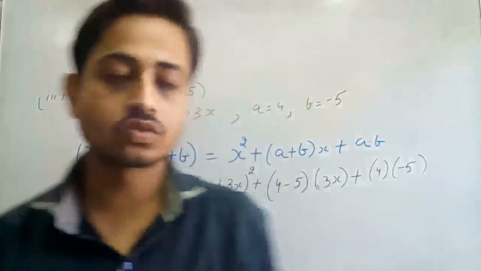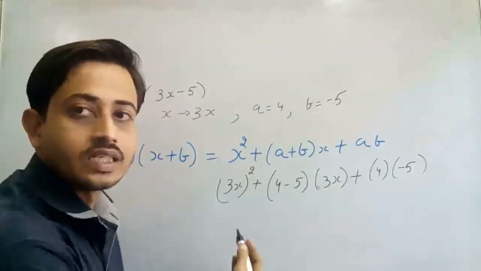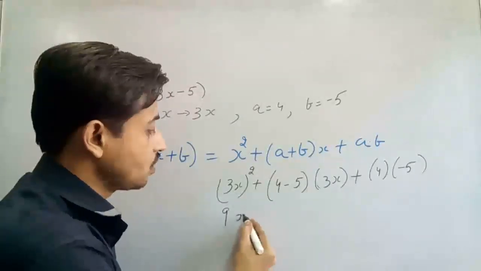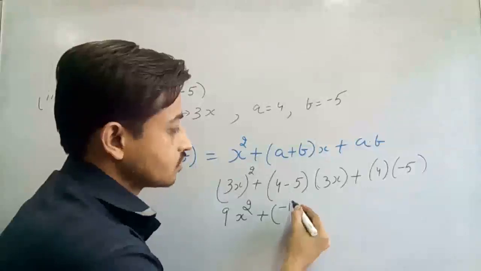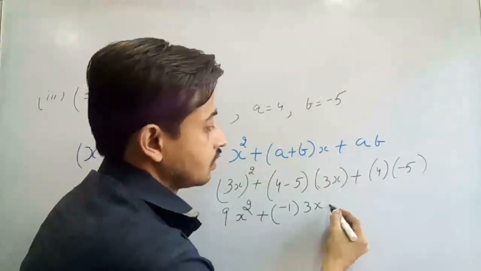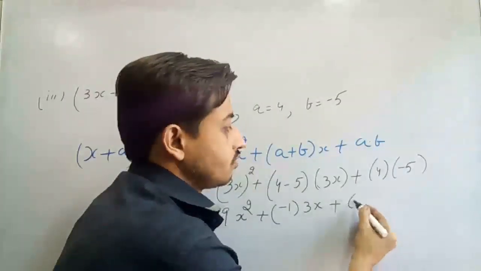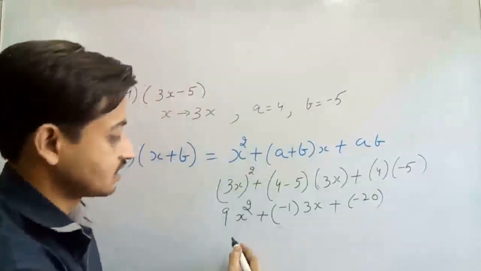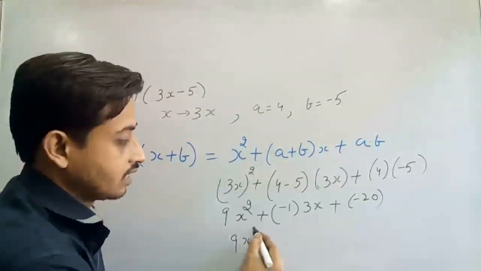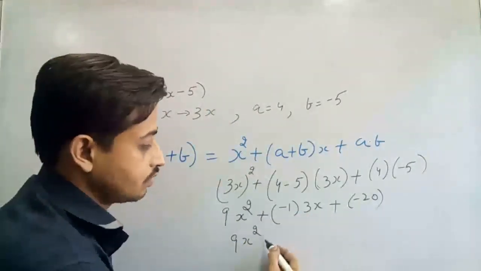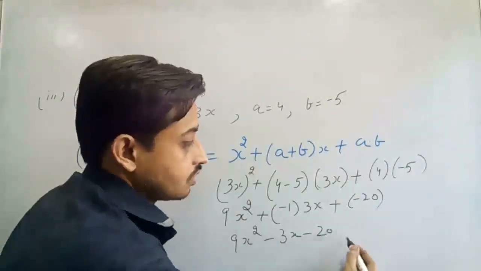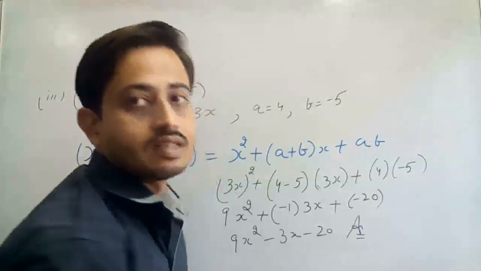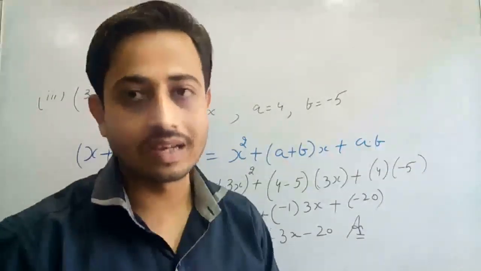Now it's very easy to solve. 3 square, 3 into 3, we get 9, into x square, plus 4 minus 5, we get minus 1, into 3x, plus 4 into minus 5, we get minus 20. So the answer is 9x square minus 3x minus 20. This is your final answer. So please make a note.